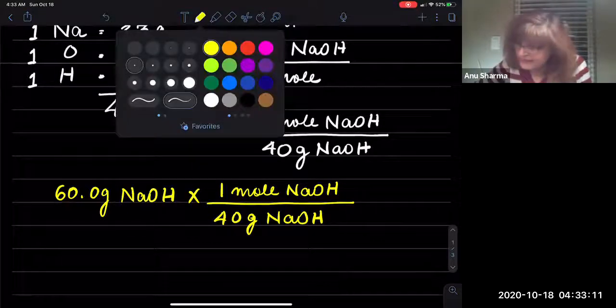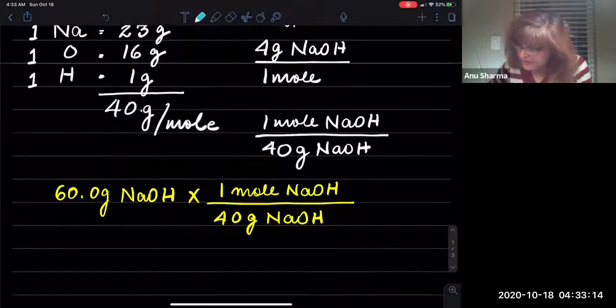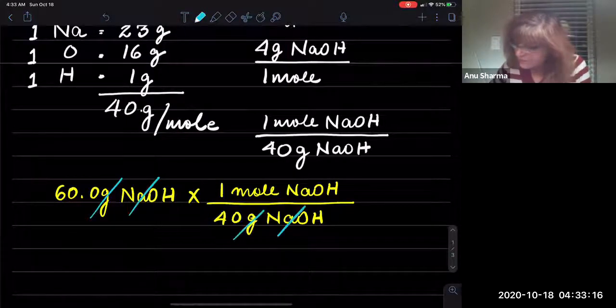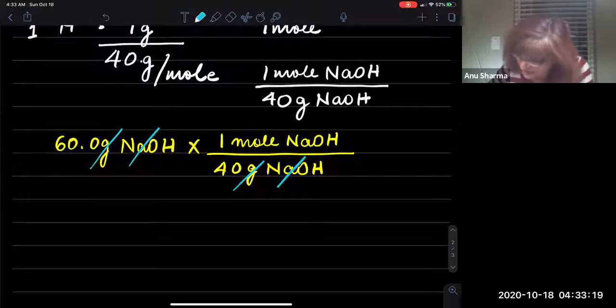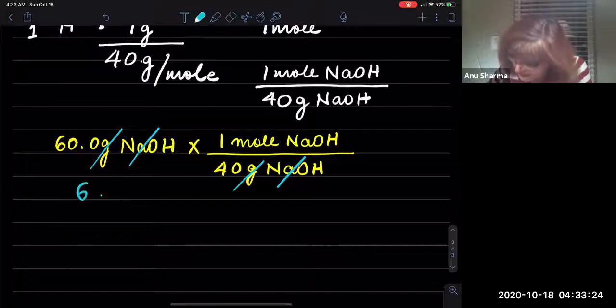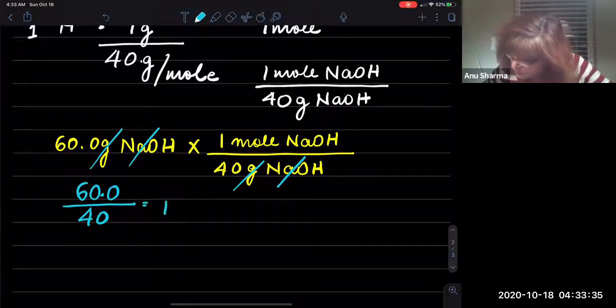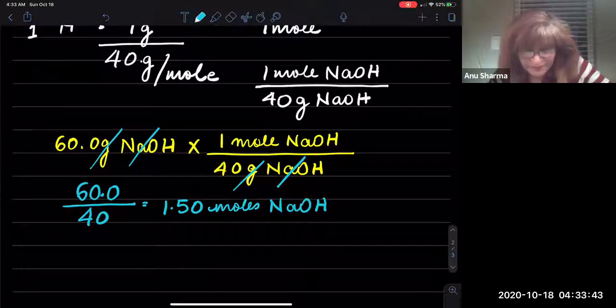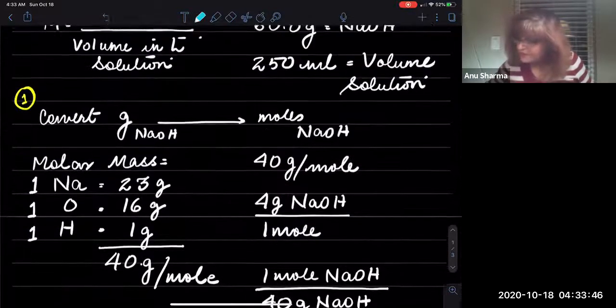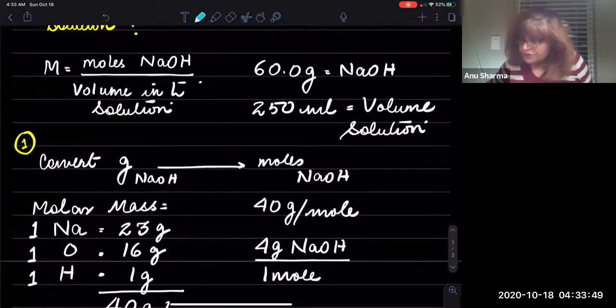With that said, you eliminate the grams of NaOH and you're just left with the moles. 60.0 divided by 40, and you get 1.50 moles of NaOH present in 250 milliliters of the solution.